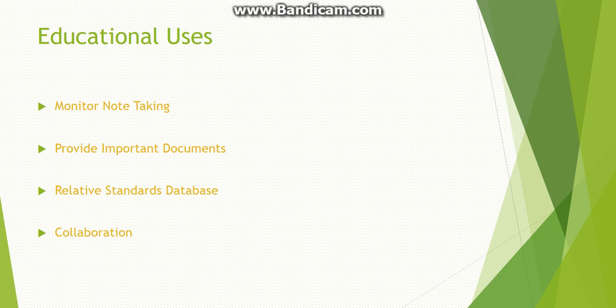Then, another really good idea that I found was the Relative Standards database, and I got this idea from a blog. I have the link for that in the notes of this slide. Lots of very useful ways to use Evernote in the classroom, but the Relative Standards database is just a really good idea where you can compile a database of the standards relative to your subject and share the notebook with the members of your own department.